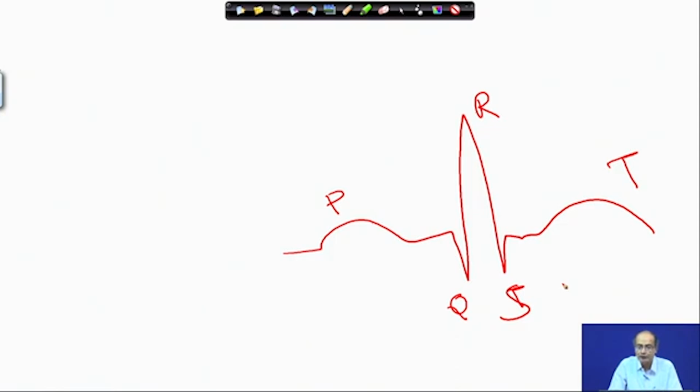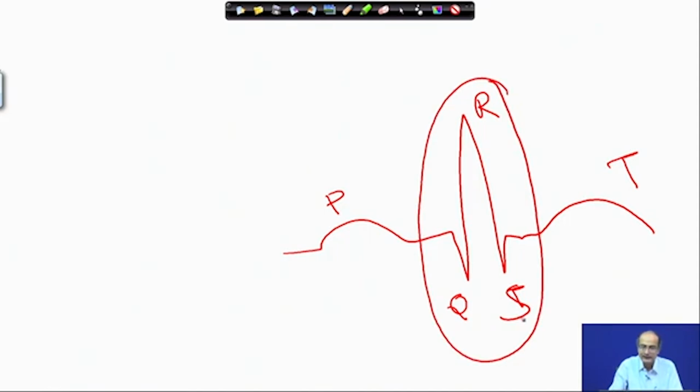Here we have not tried to find them. In fact, if we need to find P or T or another segment, what do we do? We first find the most prominent phenomenon, the QRS complex, and once we have found it, we know there is a relationship in time, how far the T wave could be or how far ahead the P wave could be.